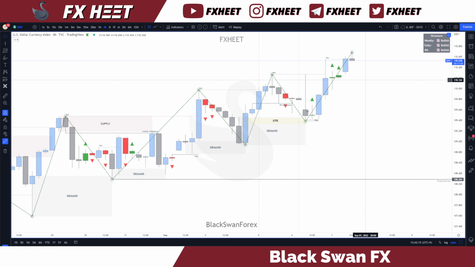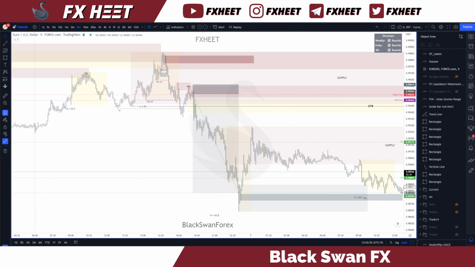So we may need to wait until tomorrow before we really start to see a significant pullback when the interest rate hikes are announced. So let's move on to EU.